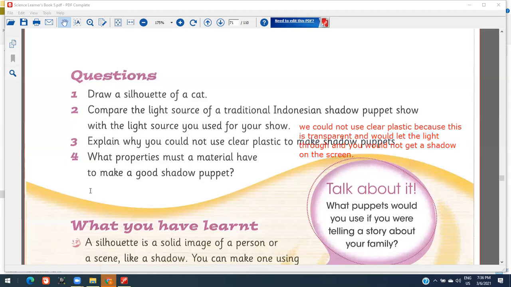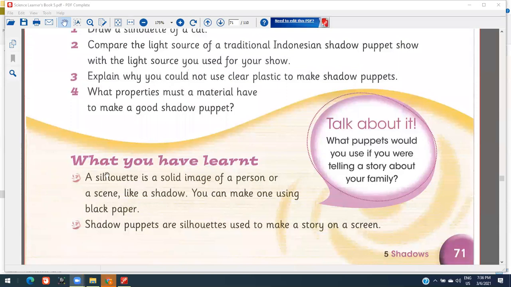So we write here: it must be opaque to block light. Okay, boys, after this, the last thing you have learned in this lesson. A silhouette is a solid image of a person or a scene, like a shadow.